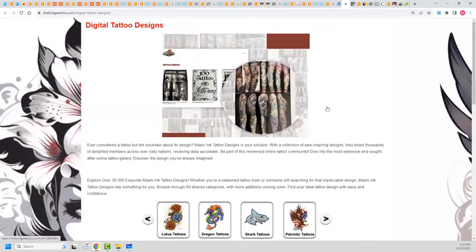I would make a little video. Music comes in. "You can download tattoo designs right now instantly and print them out and take them to the tattoo parlor. Within minutes, you'll be getting the tattoo of your dreams. Have a picture of it, show the artist.